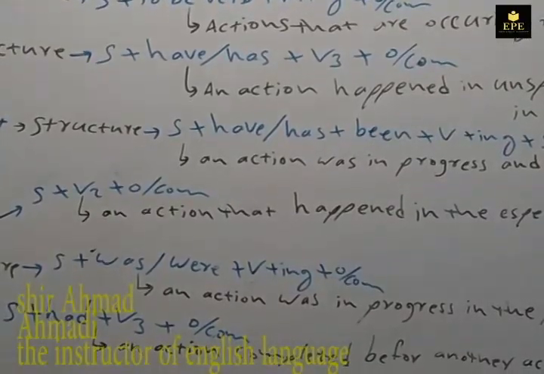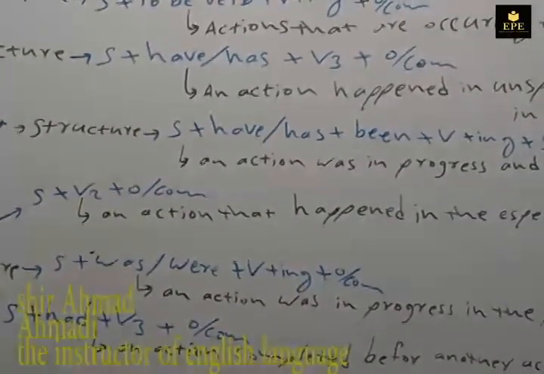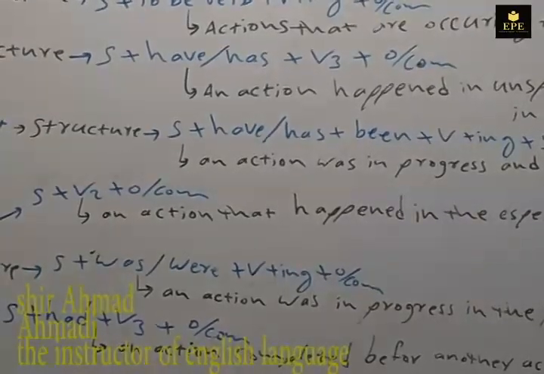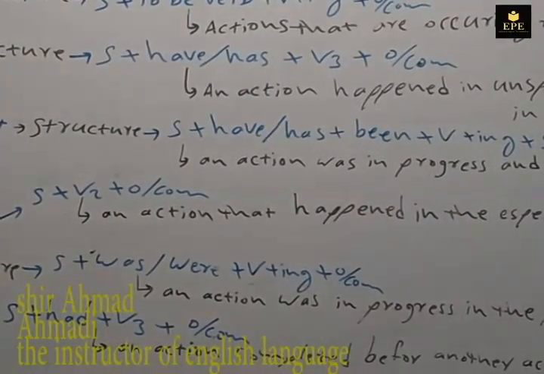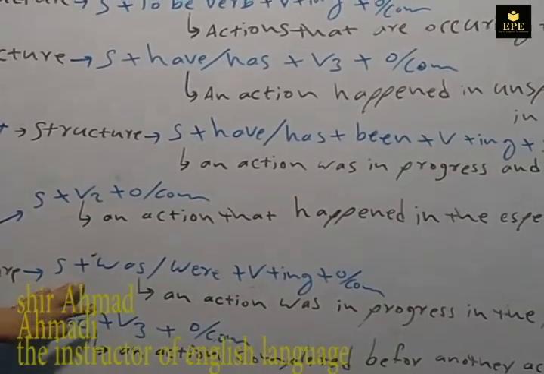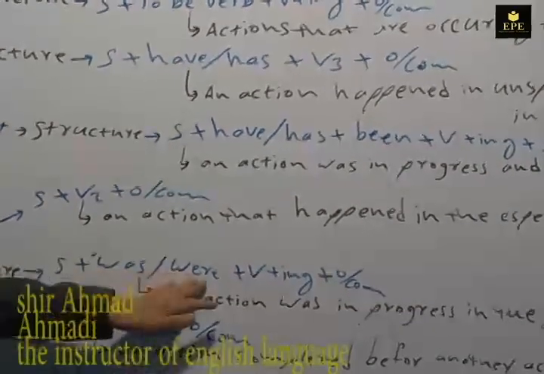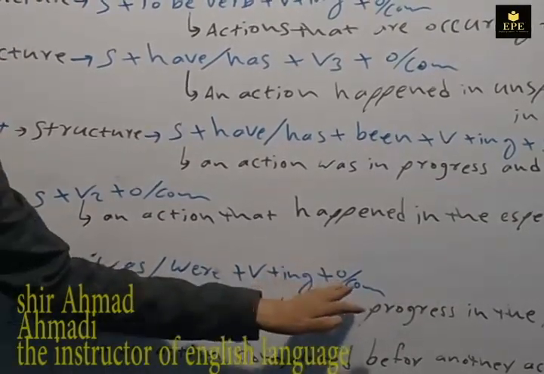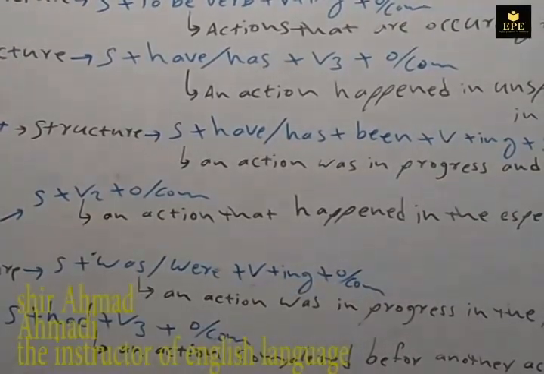Let's jump to another tense. The second tense of the past tenses is past progressive tense. Its structure is subject plus was, were with ing plus object or complement.